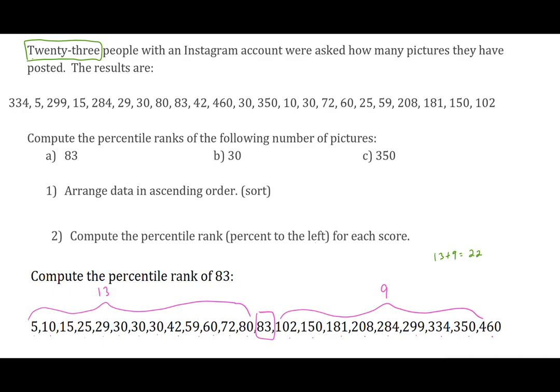But we need to have 23. So in order for us to find this, we're actually going to take this middle number and we're going to split it between the lower portion and the upper portion. So technically, we're going to say that there are 13 and a half numbers less than or equal to 83 and 9 and a half numbers greater than or equal to 83.